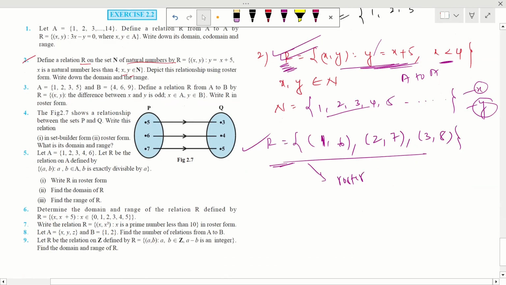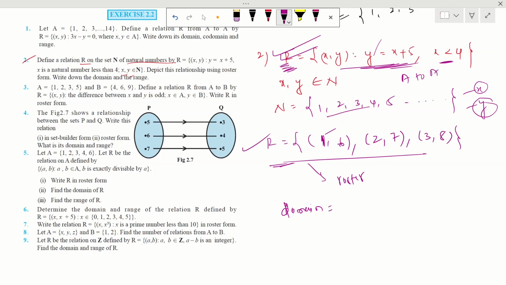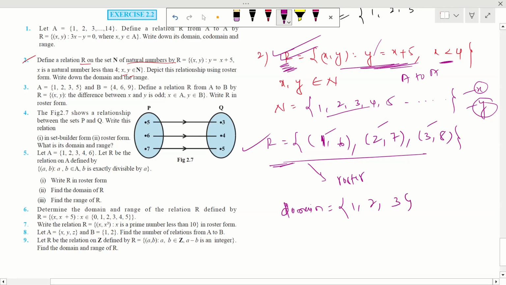Now we have to write the domain and the range. The first elements of the ordered pairs are called the domain: 1, 2, 3. The range is the second elements of the ordered pairs: 6, 7, 8.